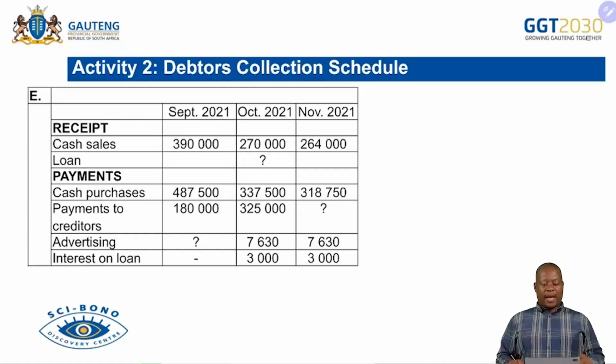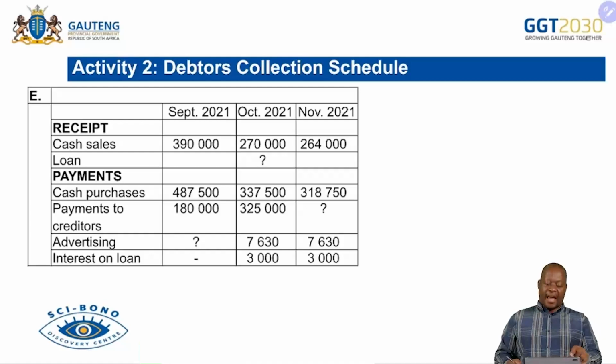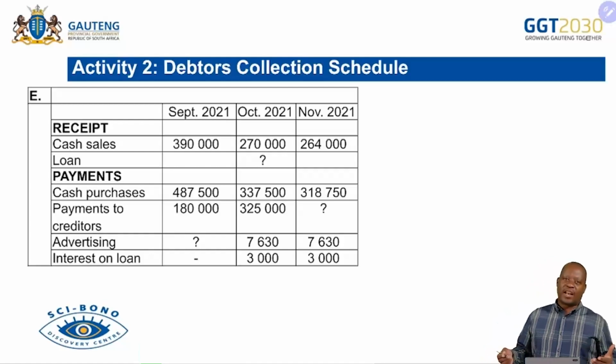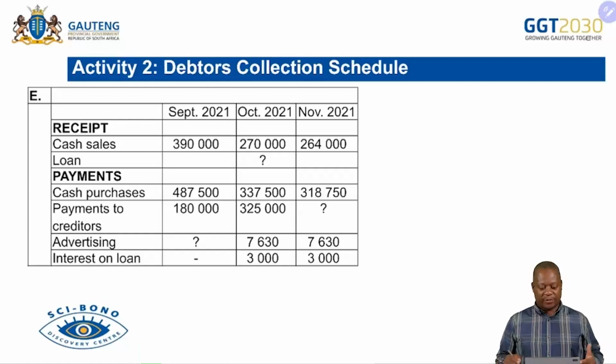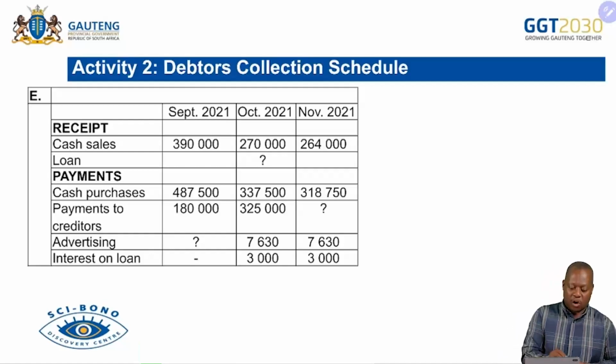Maybe. And then, when it comes to the loan item, they are leaving it as a question mark. Remember, in our question, there's somewhere where we are supposed to know how much the loan is. It won't kill us to just say something about it now. There is a relationship between the loan and the interest on loan.